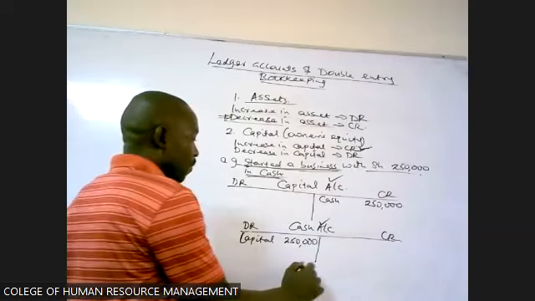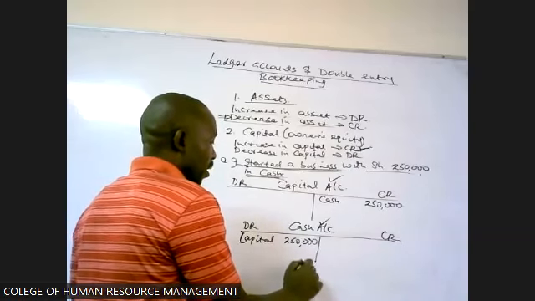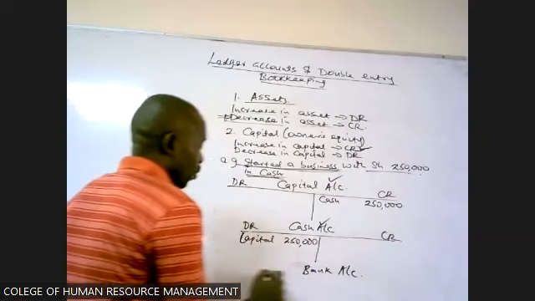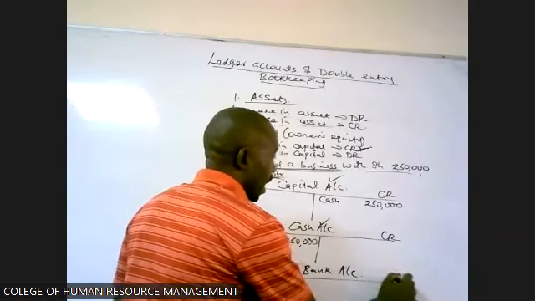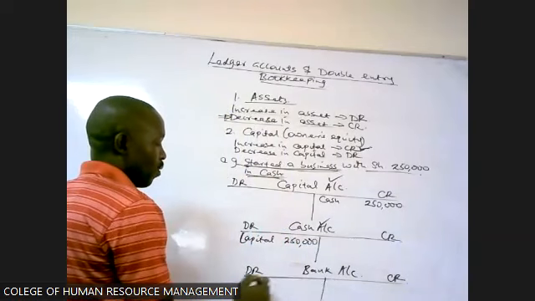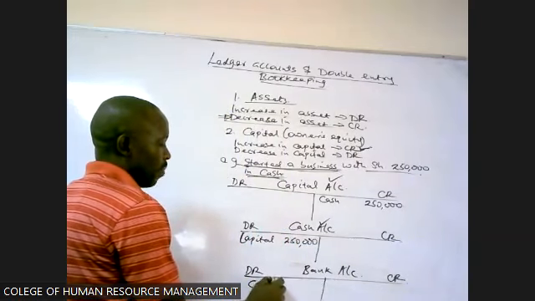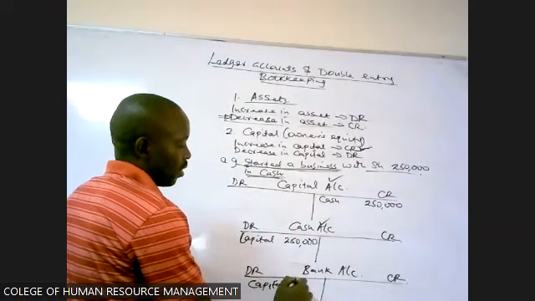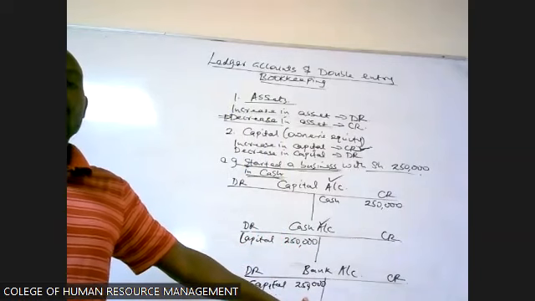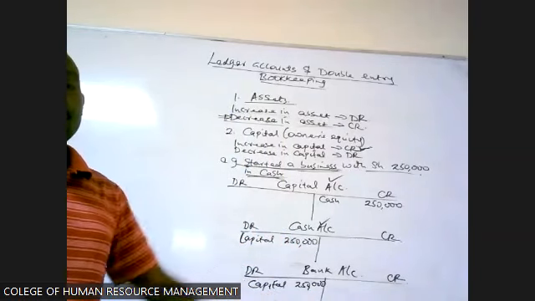We can also have capital deposited in the bank. If it was capital in the bank, we could have come to the bank account and debited the bank account. If it was deposited in the bank, this is what we could have done.